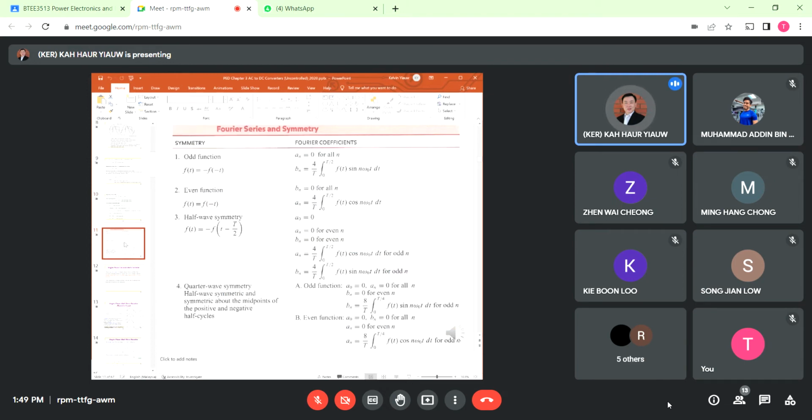Now the next slide, just to let you know that you need to understand the Fourier series and the symmetry. I may give you this formula during the final exam, but you need to understand how to derive the given Fourier coefficients, the AN, BN, and also the A0 term, whether it's an odd function, even function, half-wave symmetric, or even quarter-wave symmetric.